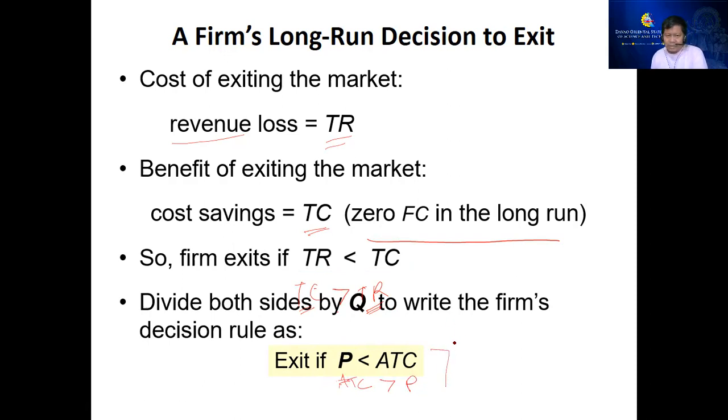Exit ka, no? So exit tayo, exit sa business. So kay hindi ka mo exit, magkadako ang imong lugi kay masika gasto pero ang imong gasto dako pa ka sa imong sales. Okay? So the exit if the price is less than average total cost or average total cost is greater than the price.